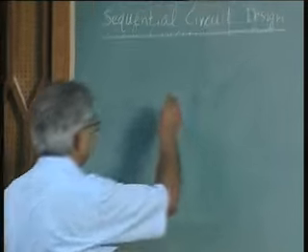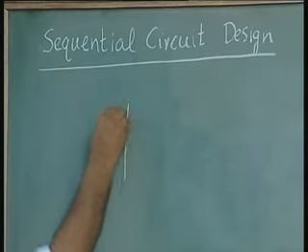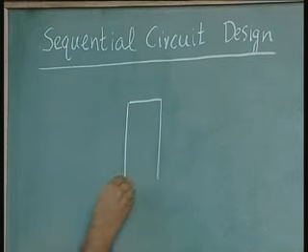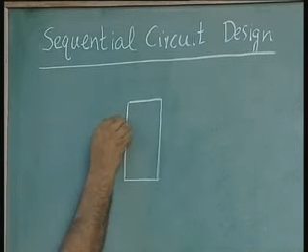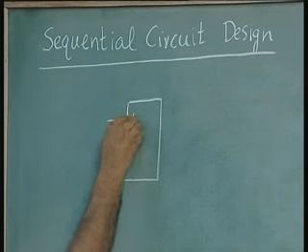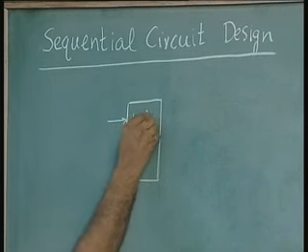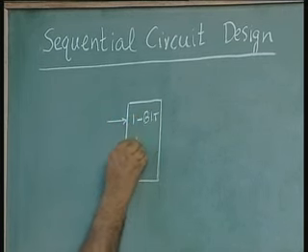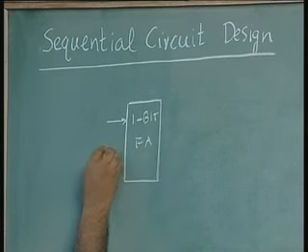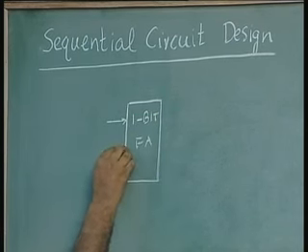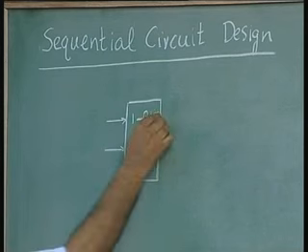So, this is how the 1-bit full adder is going to look like, with two inputs and the sum.